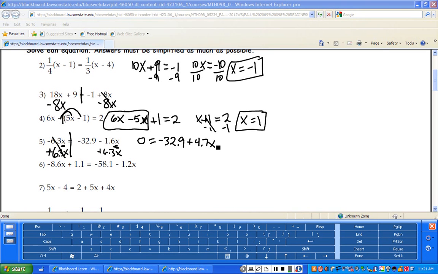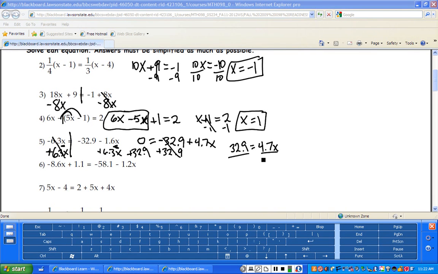4.7x. Alright, so I'm trying to get that by itself, so I move this negative 32.9 over to the other side by adding. So I add 32.9 to both sides. Cancels on this side. So now I'm looking at 32.9 equals 4.7x.